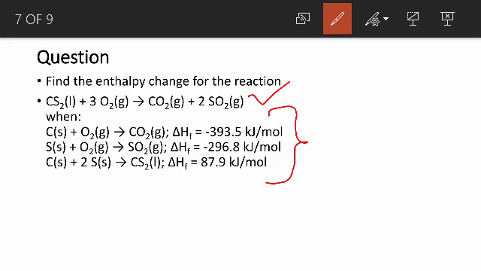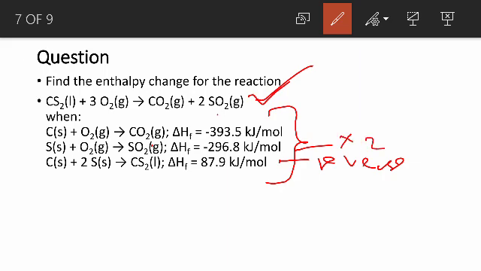From what we can see, if you compare the given reaction with what we have here, CS2 is in the last equation. It means that I have to reverse this equation. Then for SO2, they are both on the same side, but the difference is that I have to multiply this by 2.